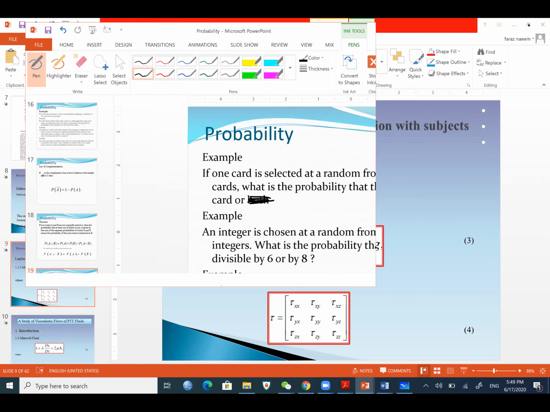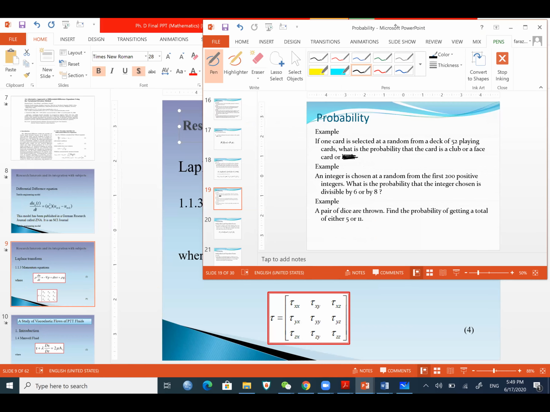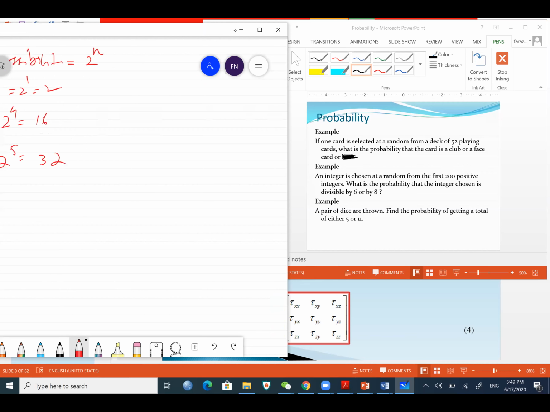Now we solve this example and see whether it is mutually exclusive or not. If one card is selected at random from a deck of 52 playing cards, first of all, your sample space would be, there are 52 cards, we are selecting one. So sample space is 52C1. What is the probability that the card is a club?